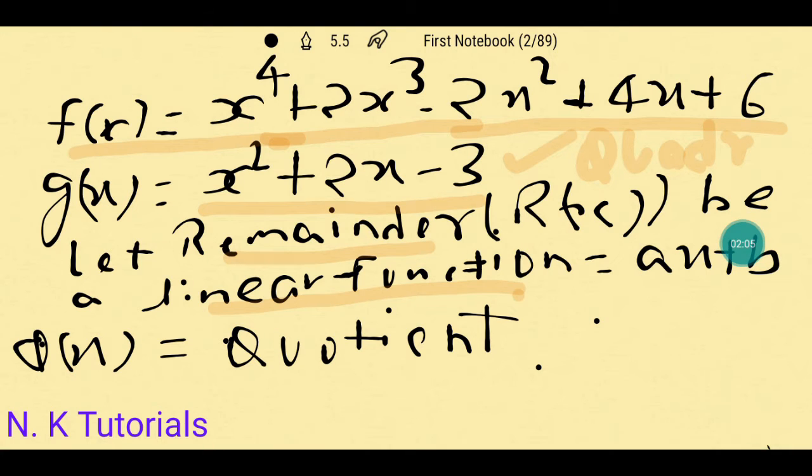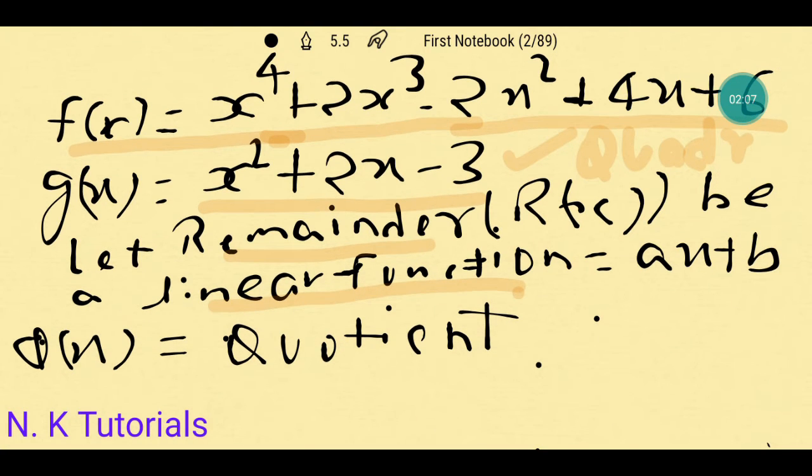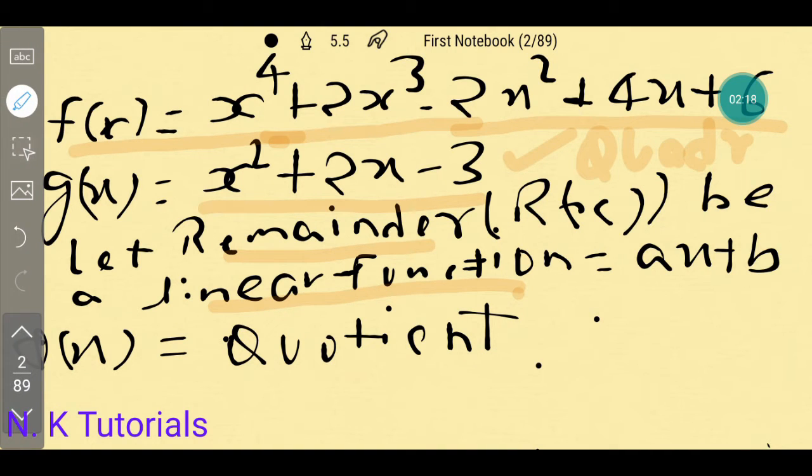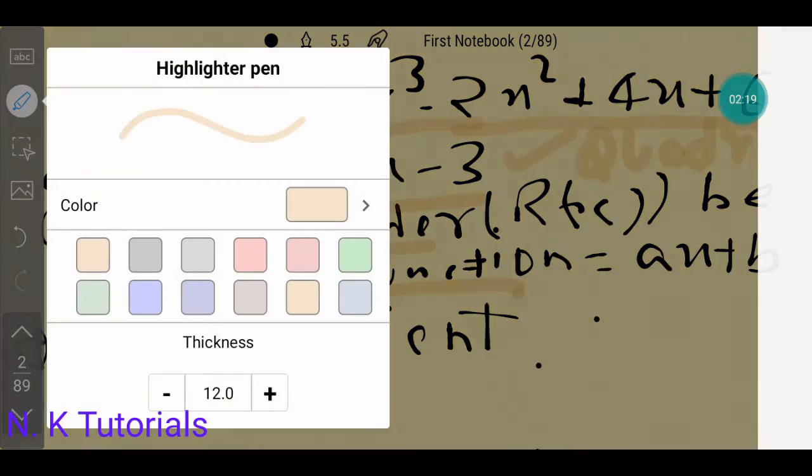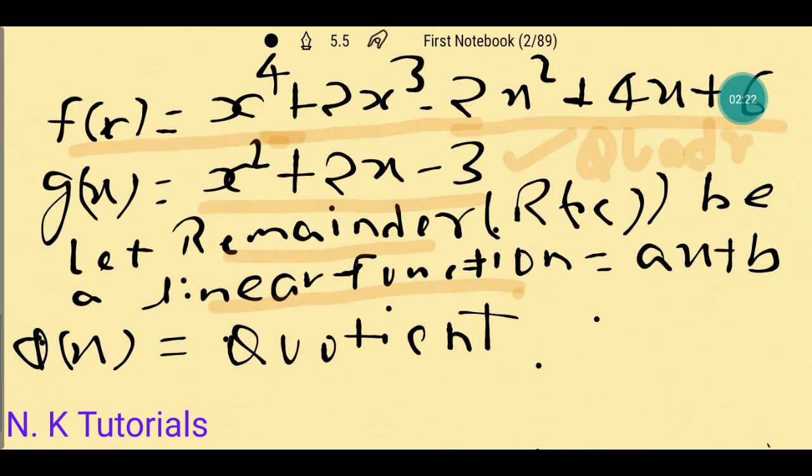So we have taken this one as the linear function ax plus b, and we have assumed q(x) as the quotient. Now let's move ahead.